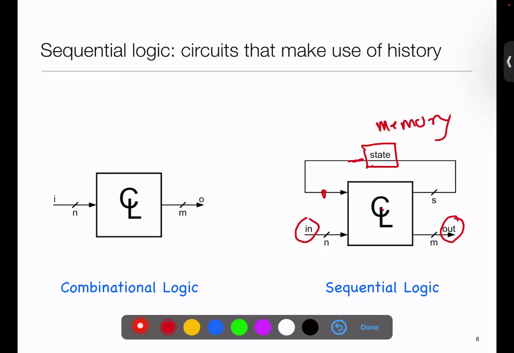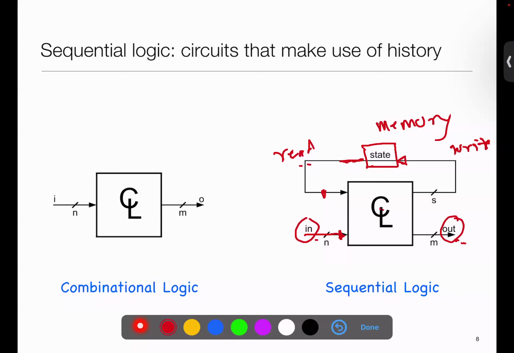It has access to what is stored in the memory, and it has access to the input coming from the outside world. And based upon that, it updates the output, and it can also update what goes into the memory, okay? So it can write to the memory, and it can read from the memory.